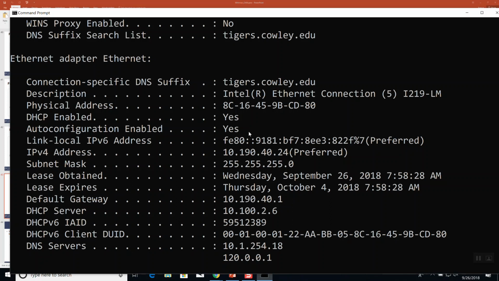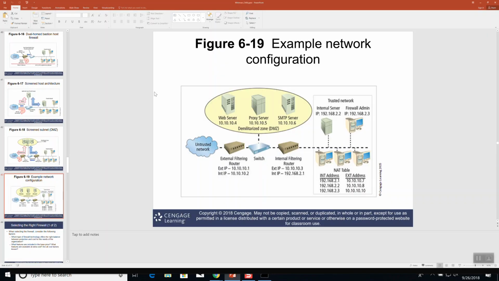If you have the MAC address, and assuming the person isn't smart enough to change the MAC address on their computer, or your system doesn't allow them to do that, then yes, you can track it that way. So it's just a different way of doing it. When you see these 10 dot whatevers, they're not what you think.